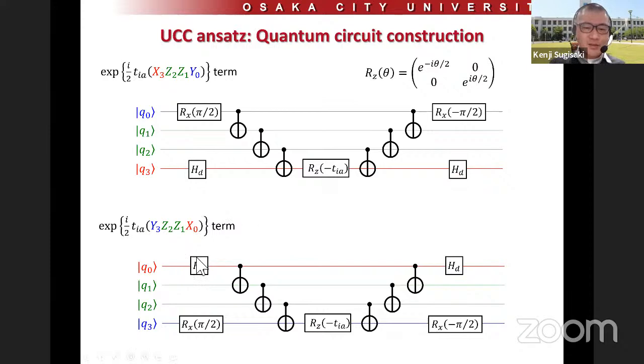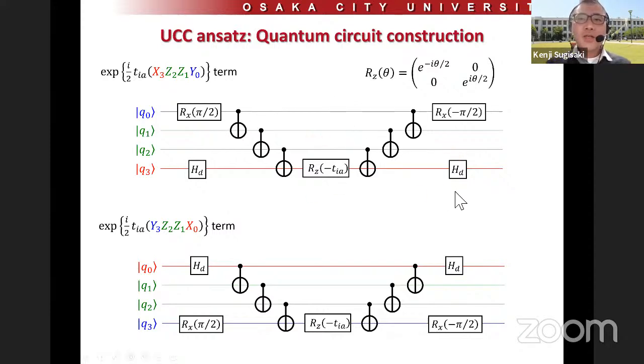The situation is all the same for this excitation operator. So basically, we can generate the unitary coupled cluster wave function on quantum computers by using the quantum circuit shown here.